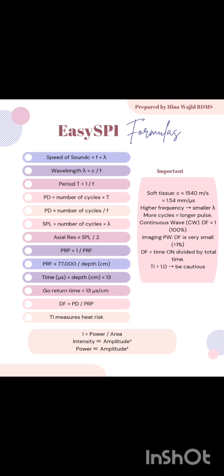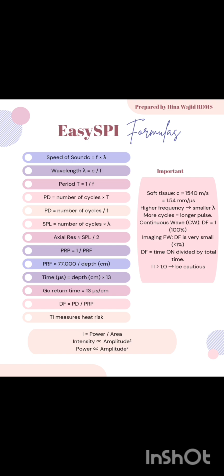Okay. Intensity and power and amplitude relationship very important. What is intensity? It is power by area. So when area is less, intensity increases. So in focal zone, there is small area, so intensity increases. Intensity is directly proportional to amplitude square. Power directly proportional to amplitude square.